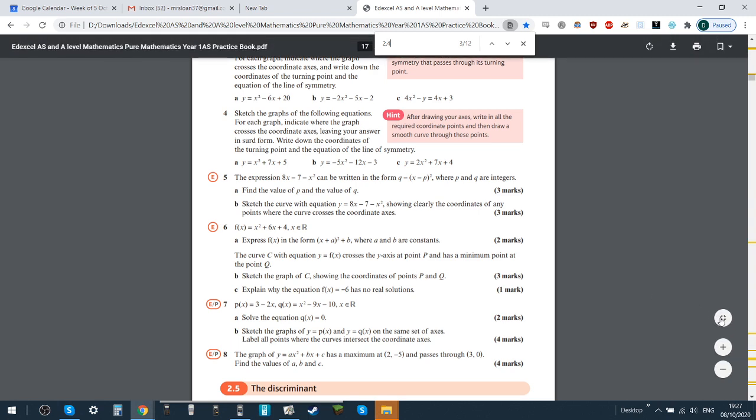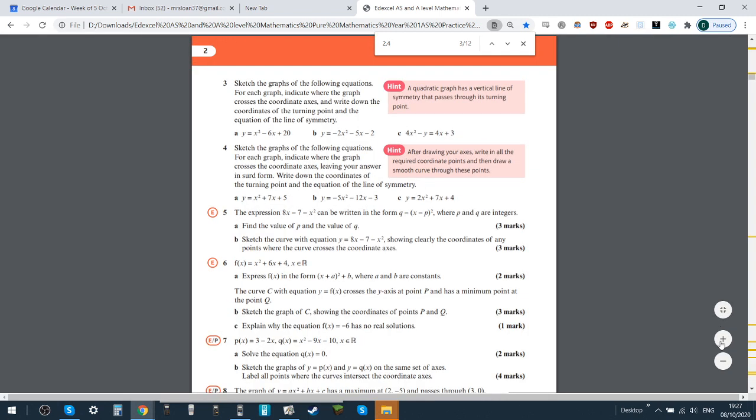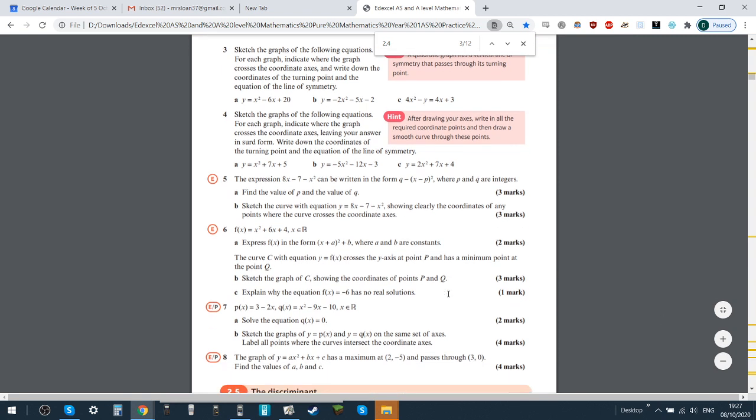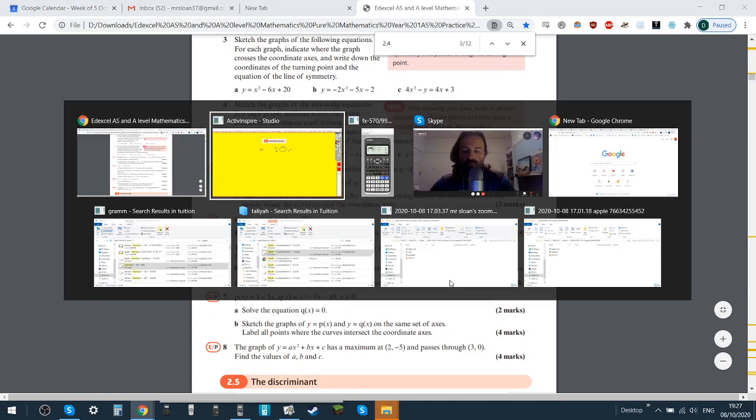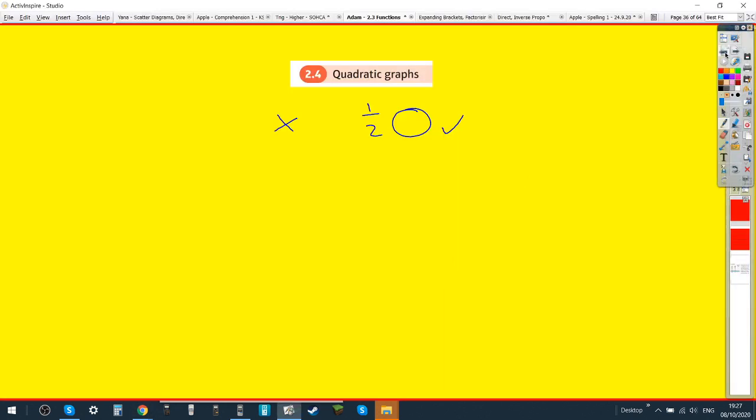Sketch the curve. That will be just the same, I think. Let me go back a second.